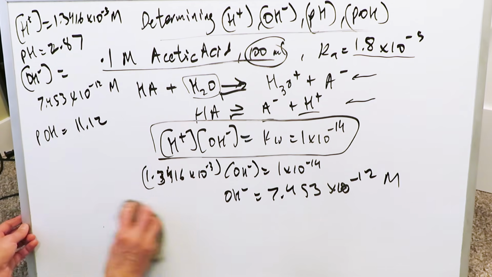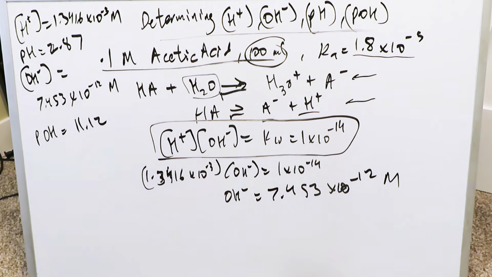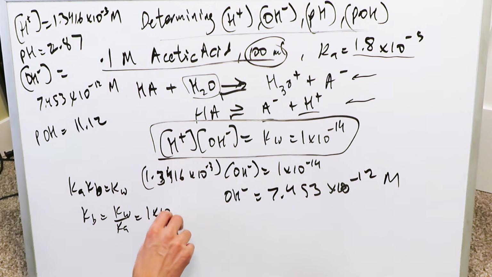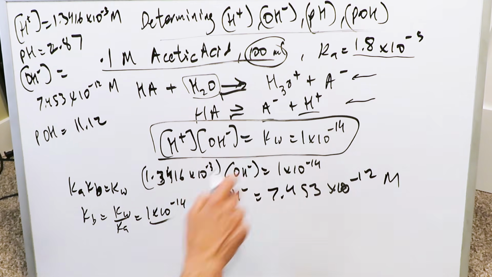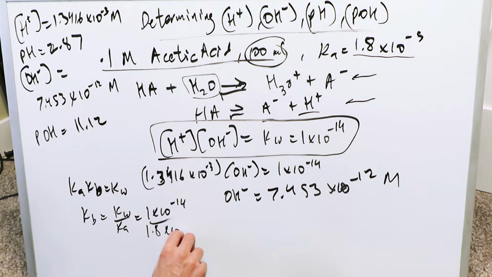As the very last digression for this video, simply because I mentioned it earlier, was this: Ka times Kb is equal to Kw. If I know Ka, I can do Kb. Kb is equal to Kw divided by Ka, which is equal to 1 times 10 to the minus 14 divided by your Ka, 1.8 times 10 to the minus 5.